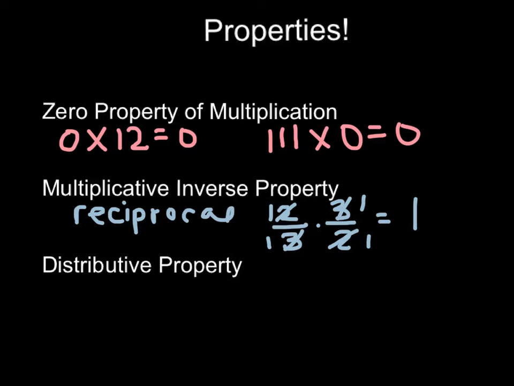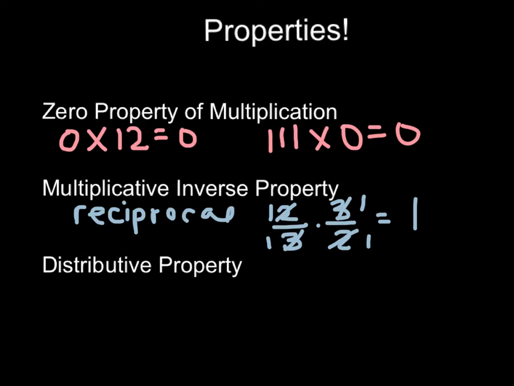It works every single time. The reason we multiply by the reciprocal is that it gives you 1, and anything multiplied by 1 keeps its identity or stays the same. So multiplying by 1 is about as easy as multiplying by 0.